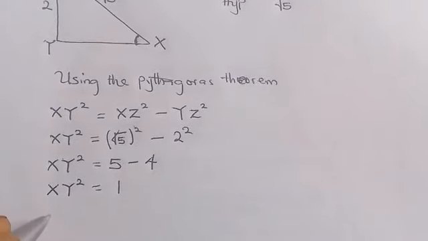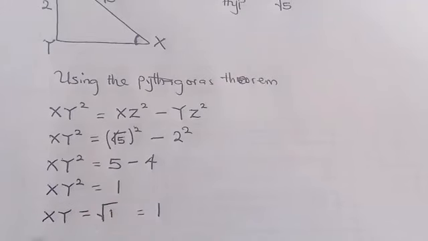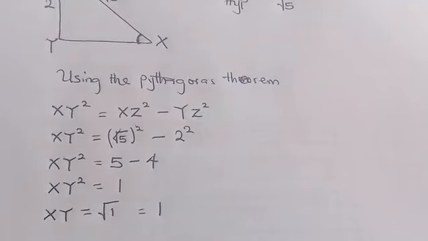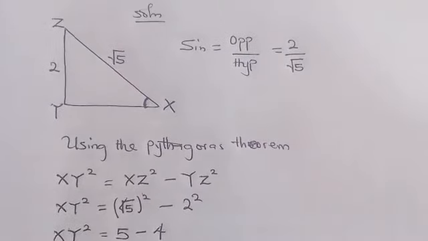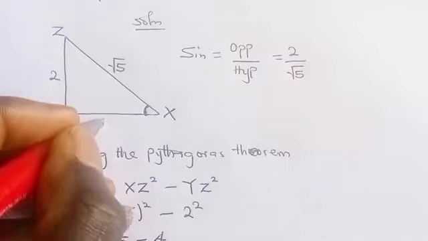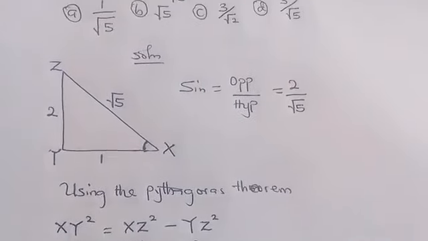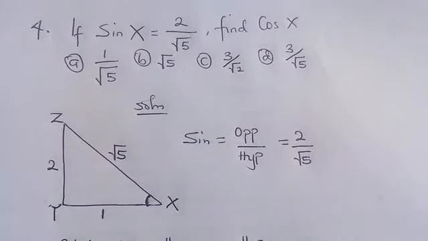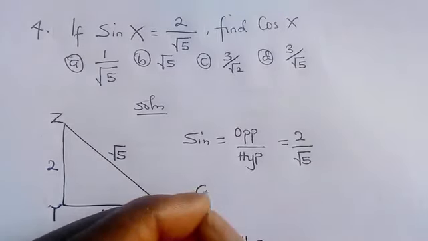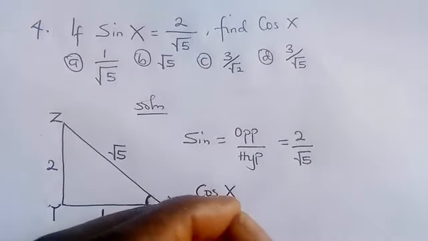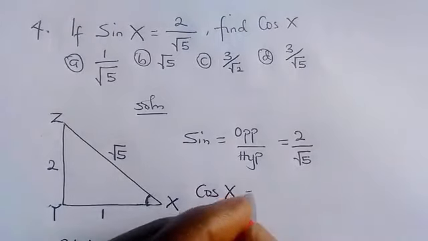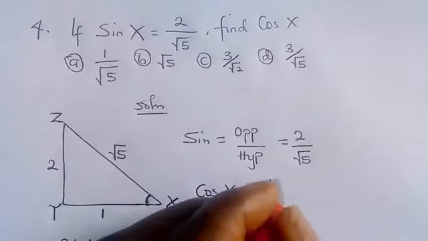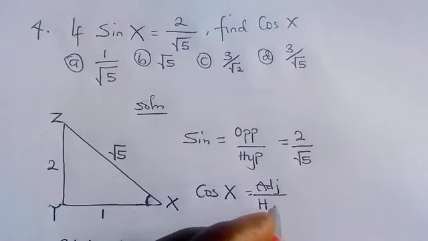And to get xy, we'll find the square root of 1, and that is equal to 1. It means the adjacent side of this right angle triangle is equal to 1. So since the question says that we should find cos x, cosine of the angle, cos x will be adjacent over the hypotenuse.